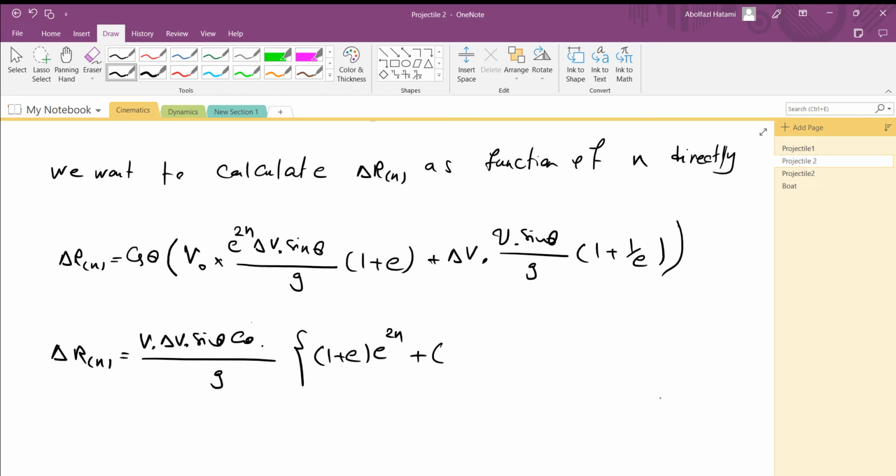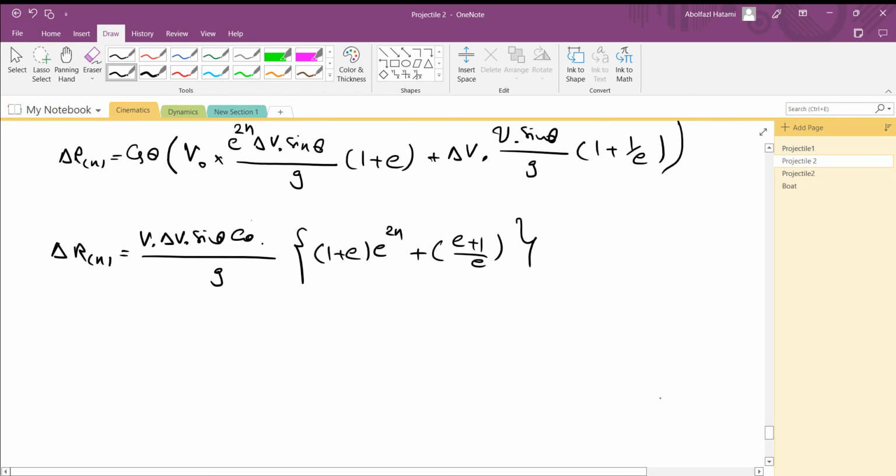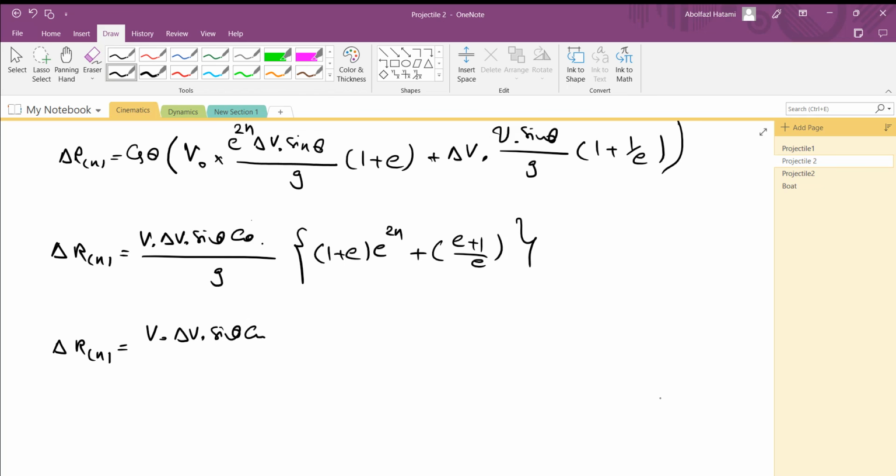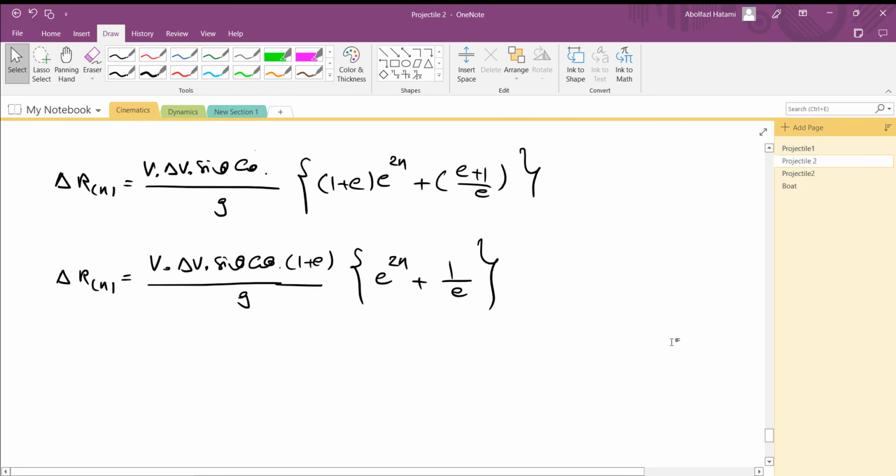Let me write it like this: e plus 1 over e. Then I can factor the 1 plus n, so it's V0 delta V0 sine theta cosine theta over G times 1 plus e to power 2n plus 1 over e. We found this as delta Rn.